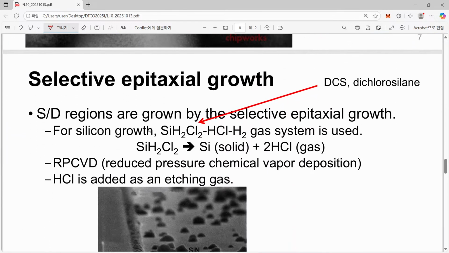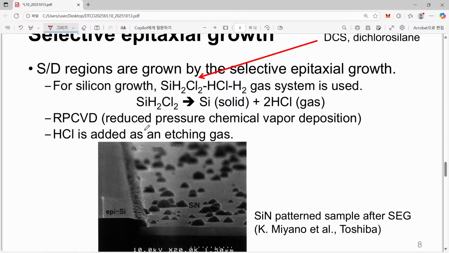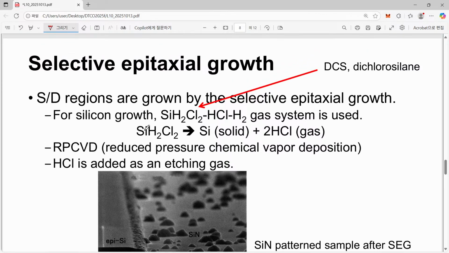now let's go to our second topic, selective epitaxial growth. I have already explained the main point. In this procedure, we wanted to grow silicon only on top of silicon and not on top of silicon dioxide and silicon nitride. So actually this technique, selective epitaxial growth, was initiated several decades ago.